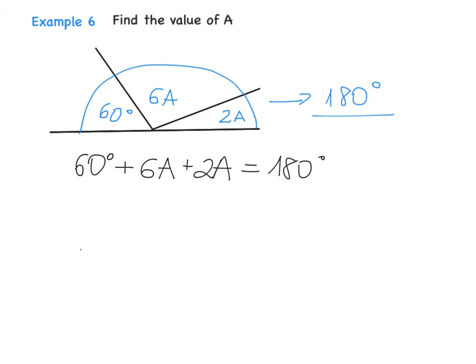Okay, now we need to solve this equation. We need to find what a is. What to do? First of all, we have 6a and 2a, and we can add it up. So 6a and 2a, we have 8a, and still 60 degrees plus, and this is still 180.